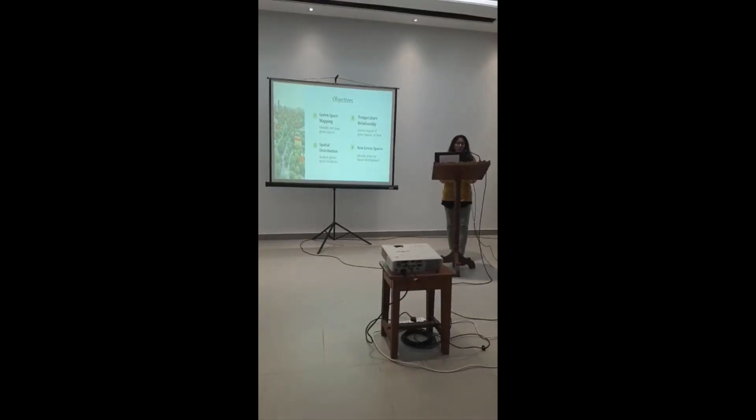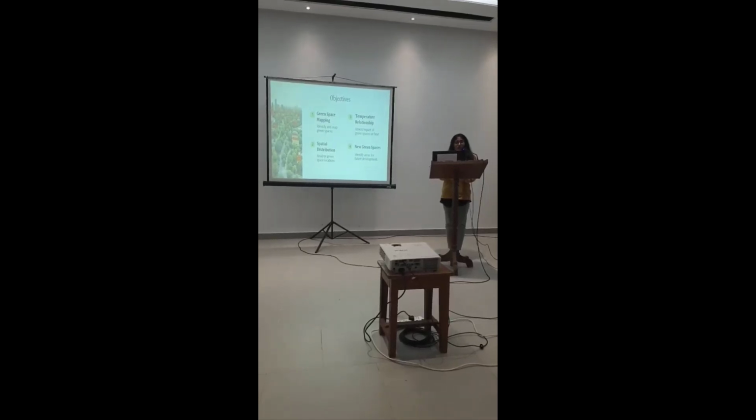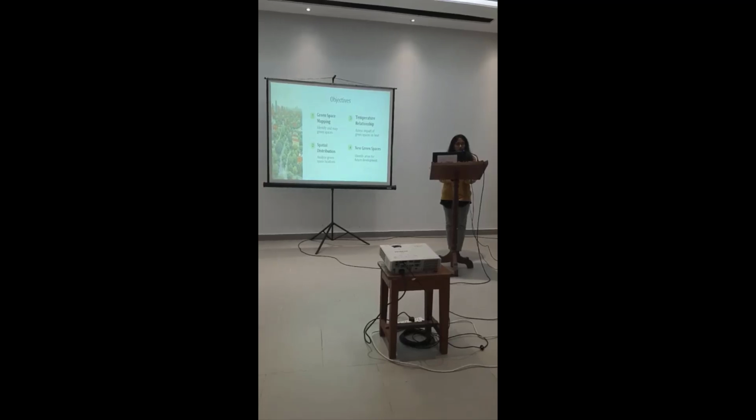And third, temperature distribution is used to identify the heat spaces that are increased by the urbanization and industrialization process. And new green spaces are also identified through the green space mapping, spatial distribution and temperature distribution.